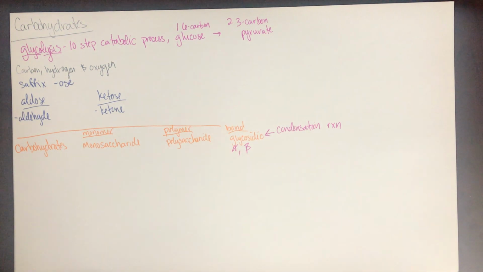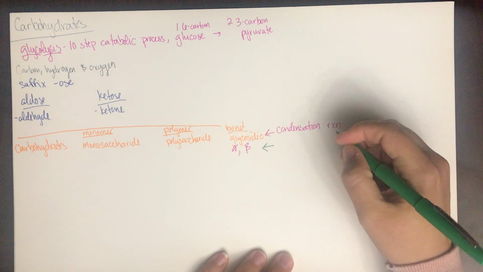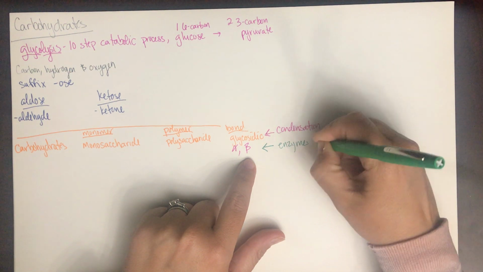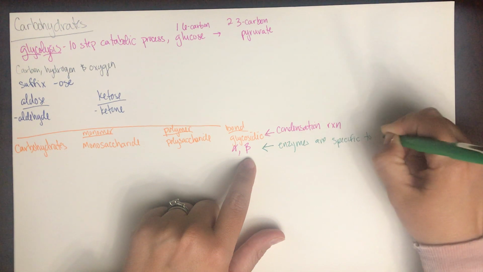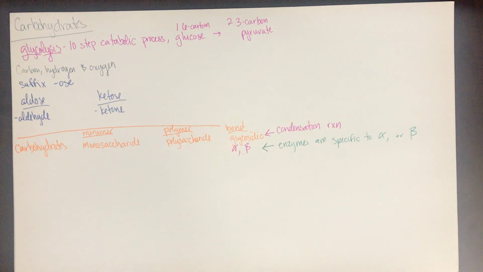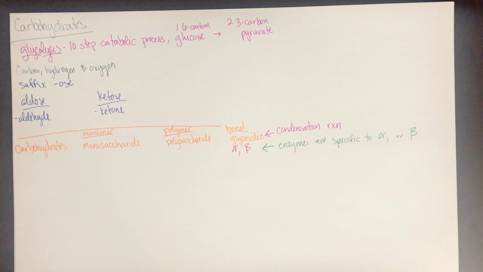And the alpha or the beta linkage is important because when you're cleaving a glycosidic bond, enzymes are specific to alpha linkages or beta linkages. So special enzymes will cleave either an alpha glycosidic bond or a beta glycosidic bond, but usually not both.